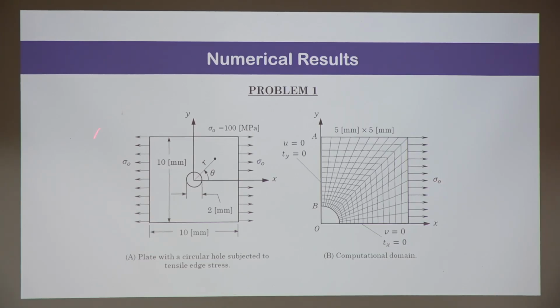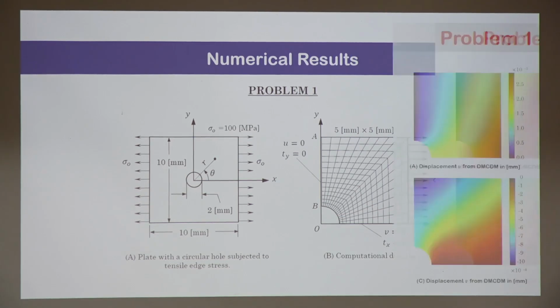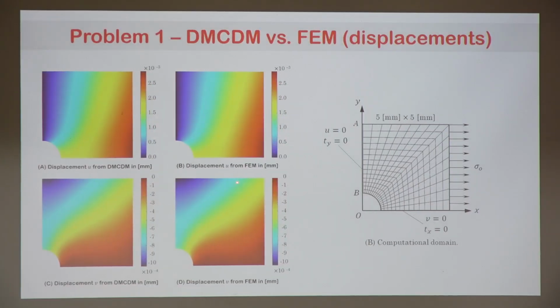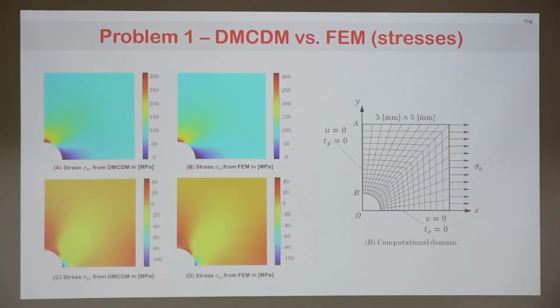So we use the biaxial symmetry and use one quadrant. You can see the elements are very skewed, so you don't have to use a regular mesh. And so the results are presented here for the dual mesh and finite elements here. Of course, by looking at it, there's not much difference. I'll show you in terms of plots.